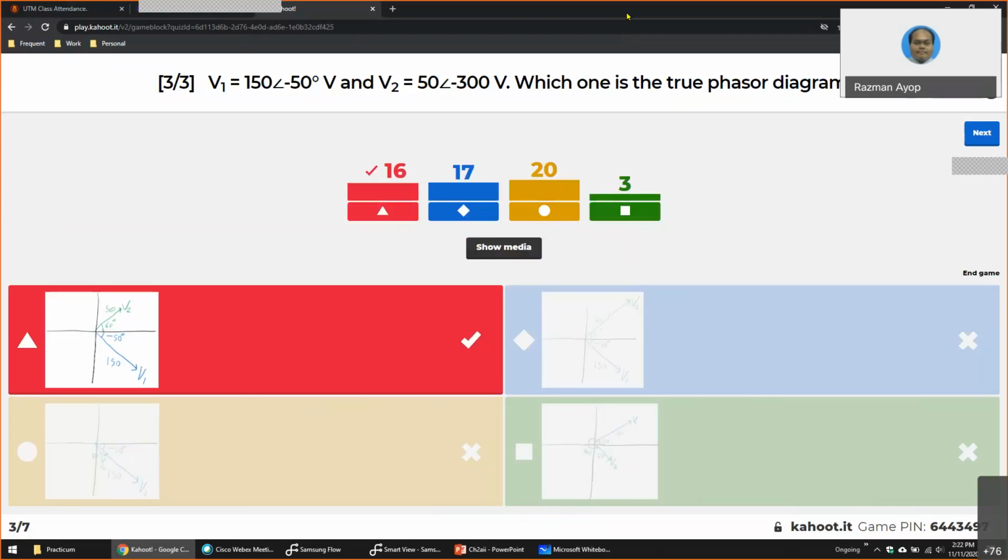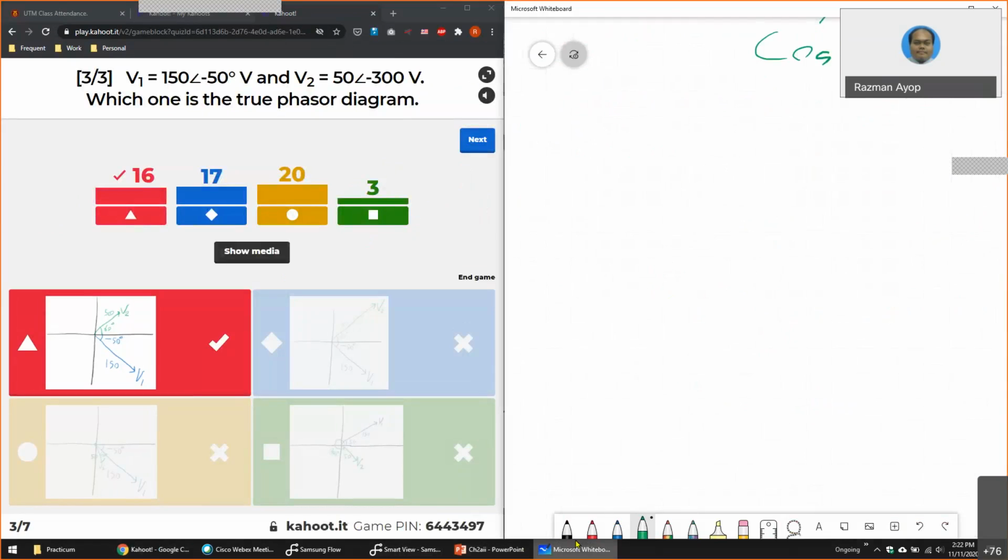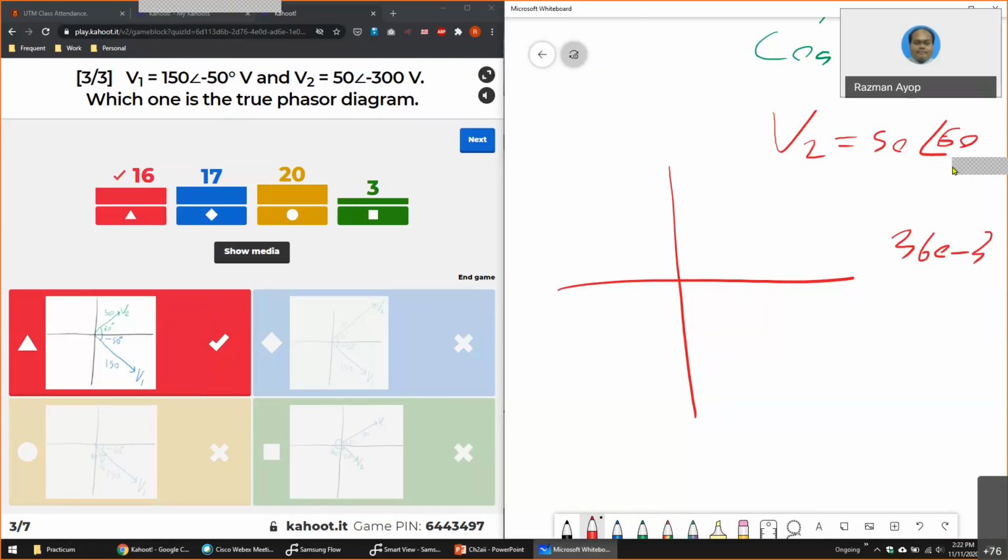Time's up. Only around 1/4 of you got the answer right. So how to do this? Draw the axis first. Then look at V1 and V2. V2 is actually 50 angle 60 degrees, because 360 minus 300 gives 60 degrees.